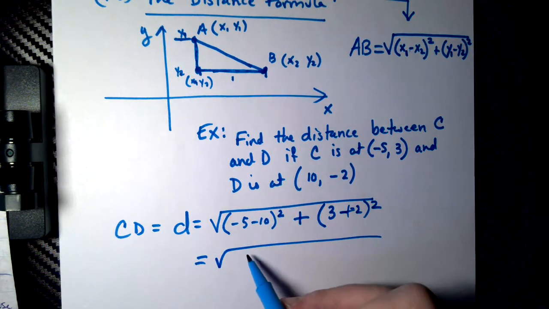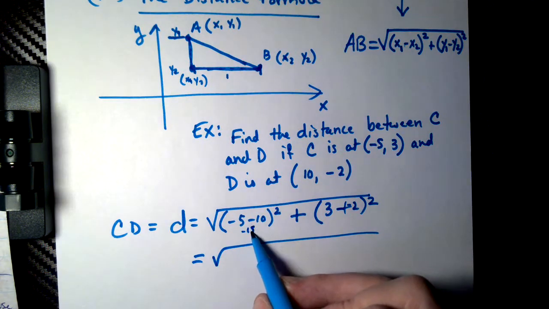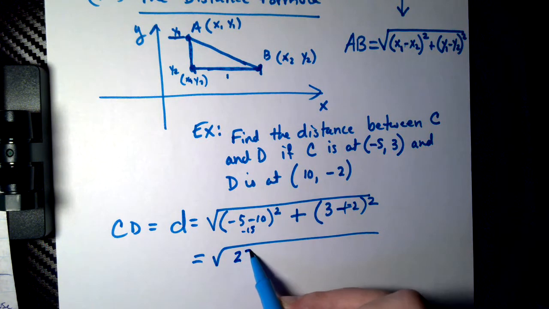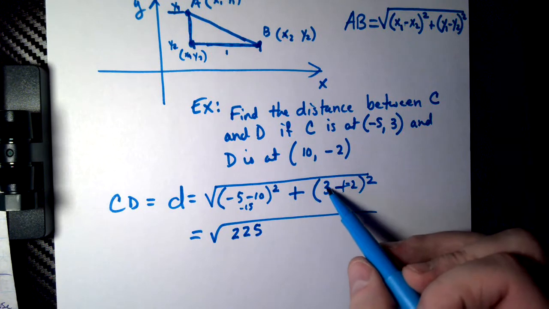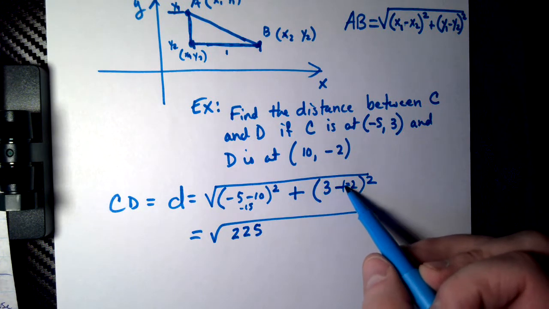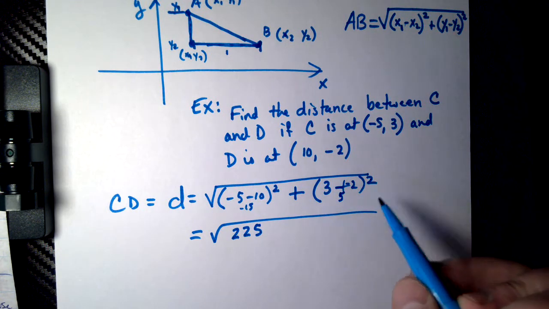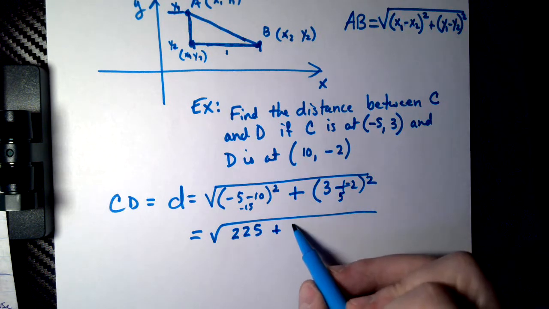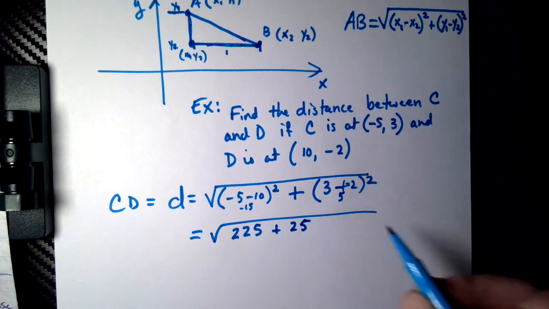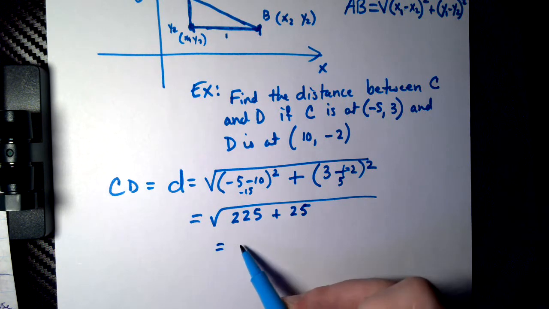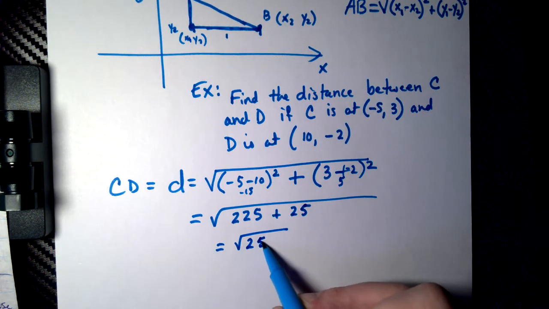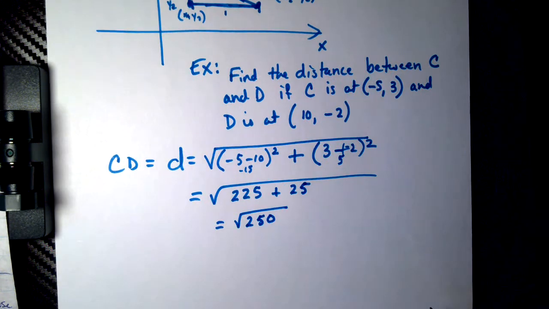So -5 minus 10, that's a -15. And when I square that, that's 225 positive. When I take 3 minus a -2, that really becomes 3 plus 2, so that's going to be a 5. And I square it, I get 25. Oh, look at that. It's going to come out kind of nice. 225 plus 25 gives me 250. And I got to simplify.